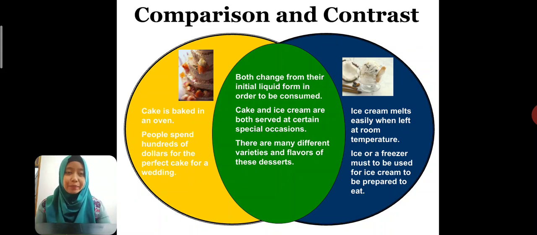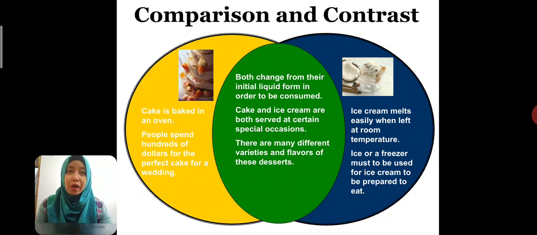Let's read. From the yellow one, cake is baked in an oven. People spend hundreds of dollars for the perfect cake for a wedding. And from the blue one, ice cream melts easily when left at room temperature. Ice or a freezer must be used for ice cream to be prepared to eat.